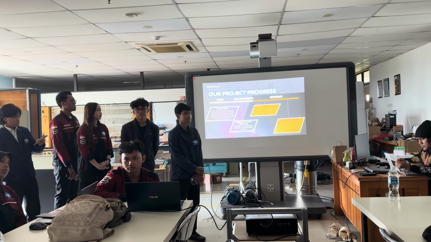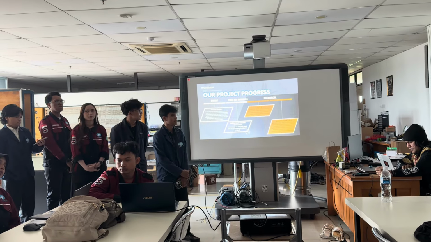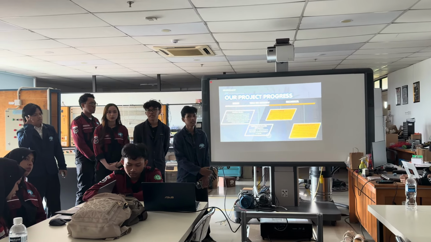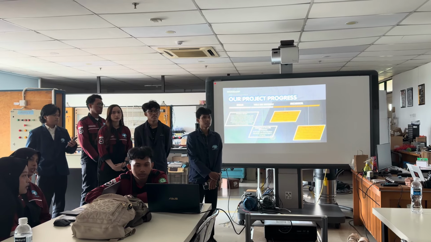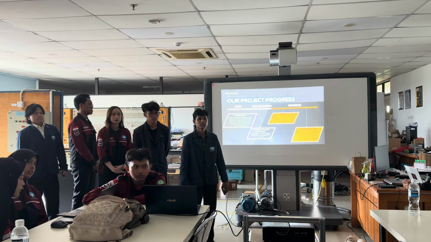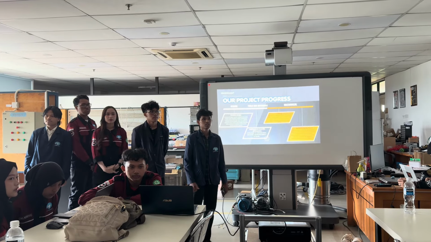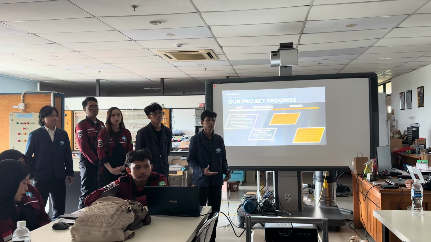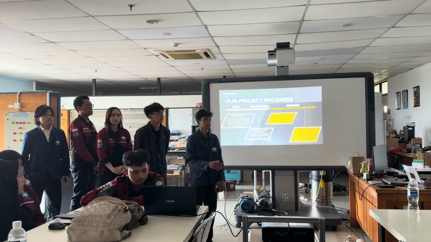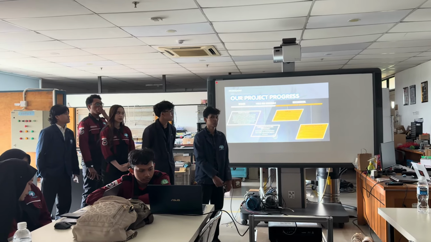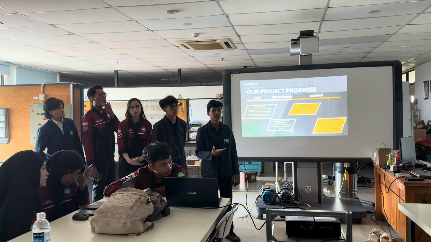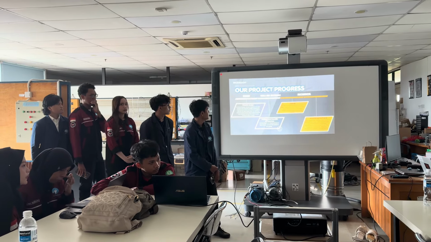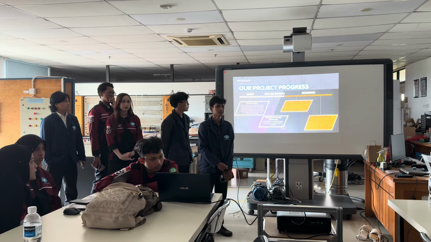In the design phase, we have completed 100% of the machine design, including the main compression machine, the support base structure, and the control box for placing electronic components like buttons, selectors, and limit switches.